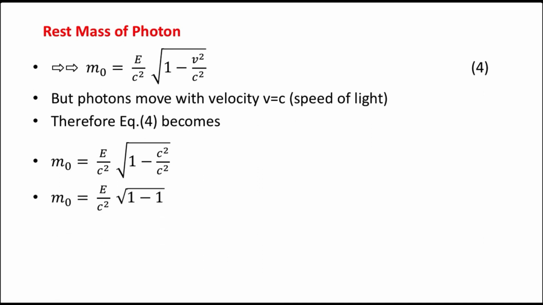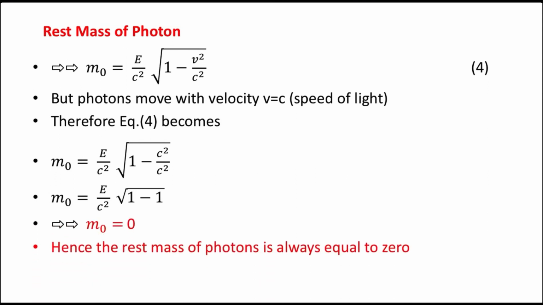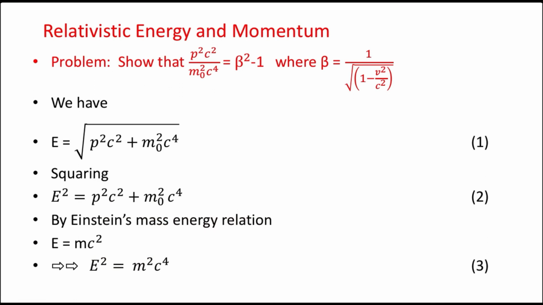So we get in the under root side 1 minus 1, that is equal to 0, and therefore finally we get the rest mass m0 of the photon is equal to 0. Hence, the rest mass of a photon is always equal to 0. The photon has a mass, and that is the relativistic mass, only when it is in motion.